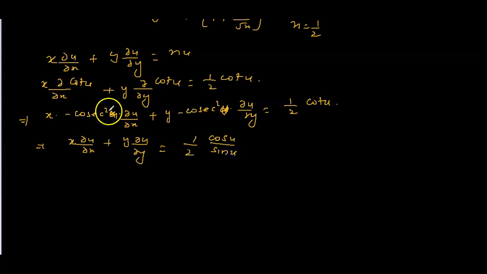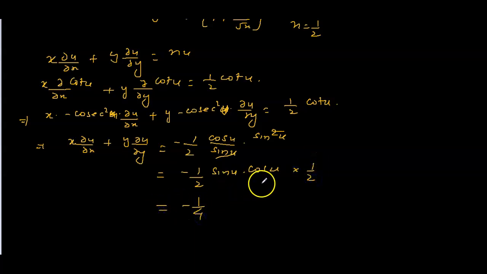And here we get minus cosec square, so minus cosec square I can write as 1 by sine square of u. So the signs cancel here, and we get minus of 1 by 2 sine of u into cos of u. If you multiply and divide by 2, I write minus 1 by 4, and 2 sine into cos becomes sine of 2u.